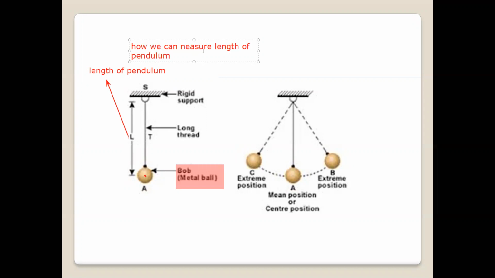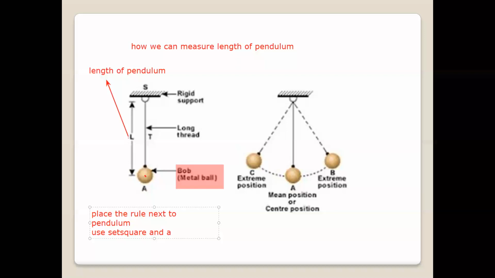The practical technique: you will place the ruler next to the pendulum, use a set square and avoid parallax error.